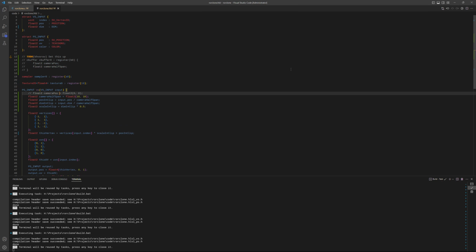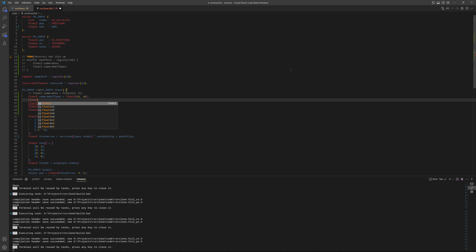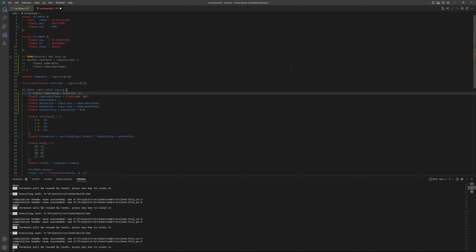Of course, camera position is the next thing. Okay, well, camera position. Well, I mean, that's pretty simple, right? We just do position in camera space, camera position.